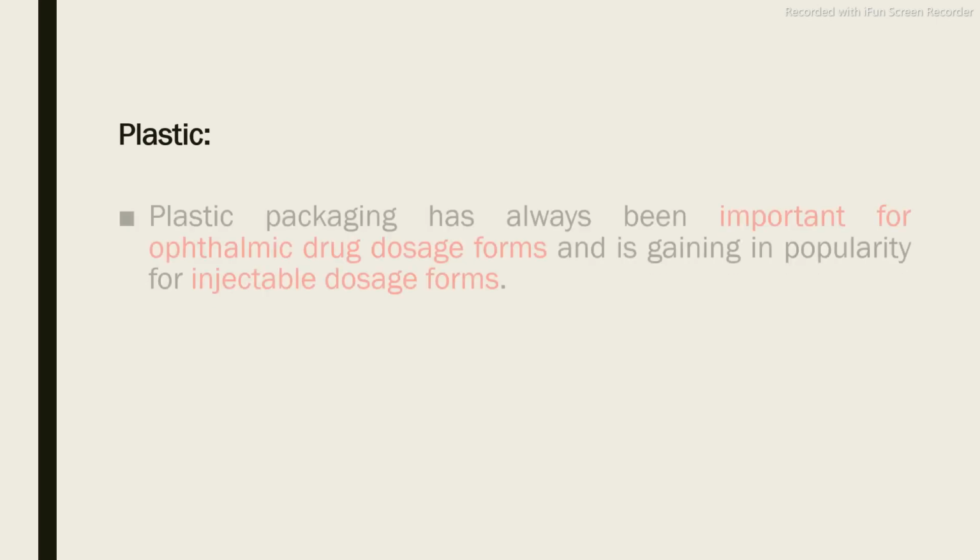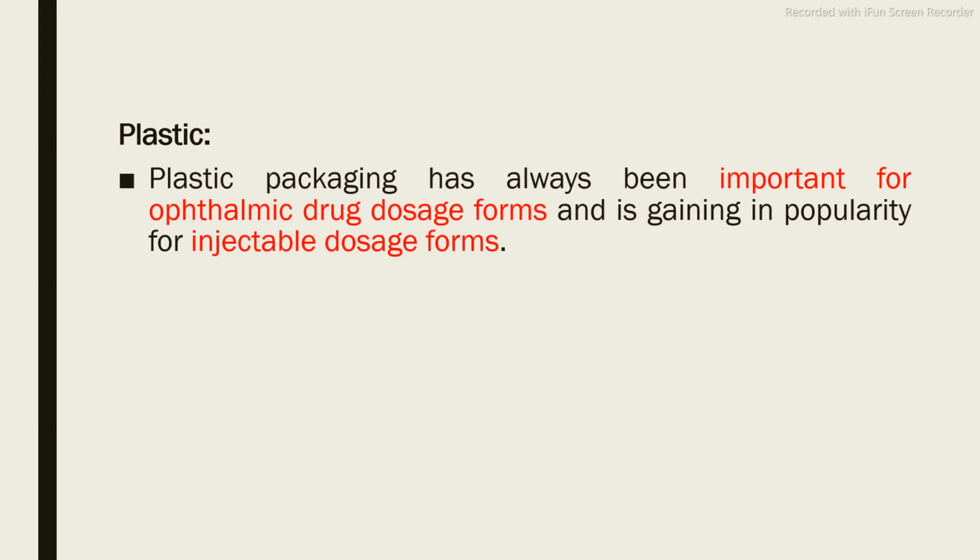The second type of container is the plastic. Plastic as a material for parenteral preparation. Plastic packaging has always been important for the ophthalmic drug dosage form, and is gaining popularity in injectable dosage form, where you can see plastic as a material for parenteral preparation only in the case of large volume parenterals.